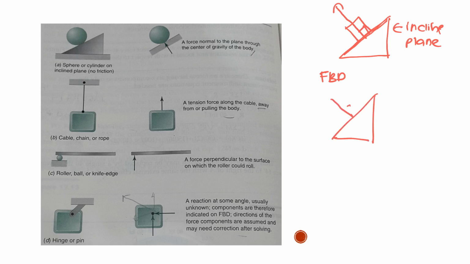The box is going to feel a force perpendicular to the inclined plane, and that's what you get from this picture. Here your main character is a sphere. The inclined plane acts perpendicular, and that's the reason why you get a perpendicular force.